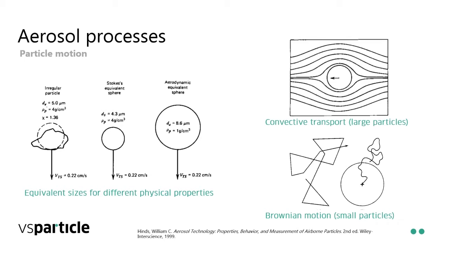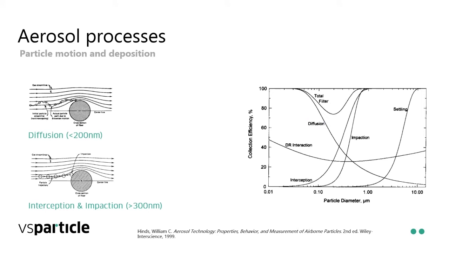And the other is the mobility diameter, which is slightly different, which tends to be, at least at smaller particle sizes, more correlated to diffusion. Because there's two main modes of transport that I like to mention here. There's convective transport, so big particles tend to travel along with where the gas goes. And the small particles are affected strongly by Brownian motion and they will travel all over the place. And that has impact on how we try to collect particles and how we handle particles in general.